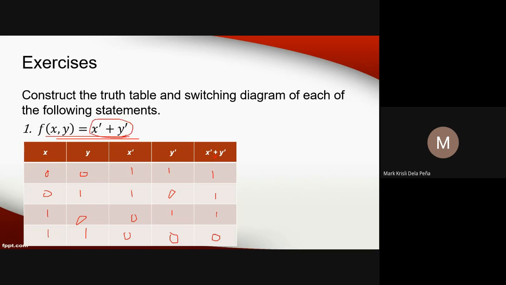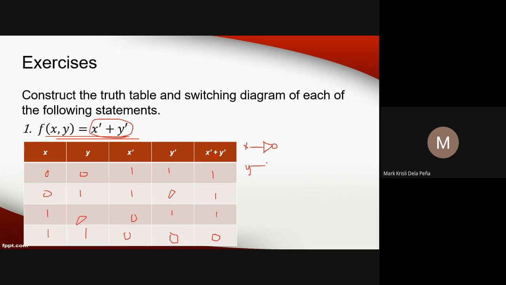Now how do we construct a switching diagram for this? Again, we have two inputs. Remember that these lines here are our inputs. Now what happened to x? It is being negated, so we will use the NOT gate, which has this symbol.